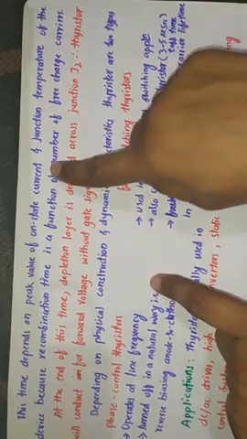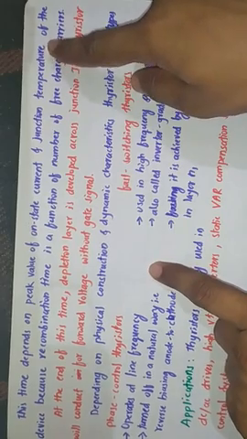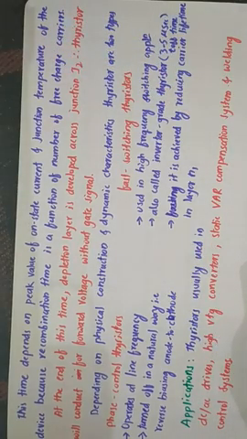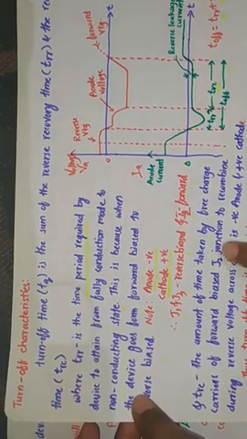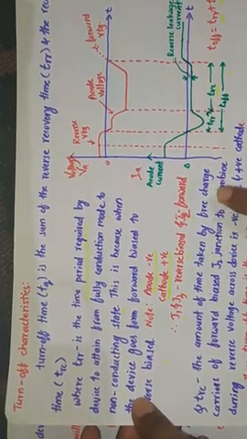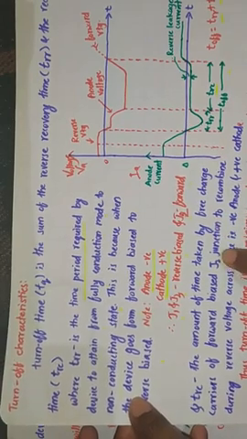The second one is the junction temperature, because it is about the recombination of the free charge carriers of the forward-biased junction J2.